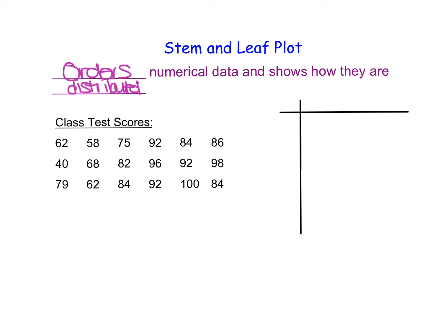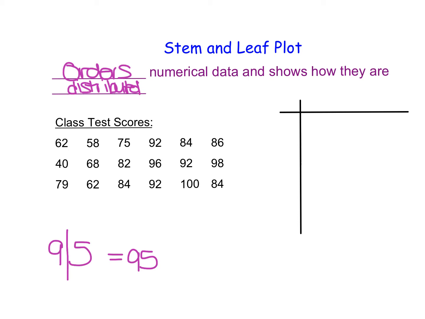So what I'm going to do is for each number, so say we have the number 95, I'm going to split it into the tens and the ones spot. So here a 9 | 5 is equal to 95. And as I put them into the table, I'm going to be representing them in this way. Now, what I need to note is that in my table, I need to go from the lowest number to the highest number as I represent them in this stem and leaf plot.